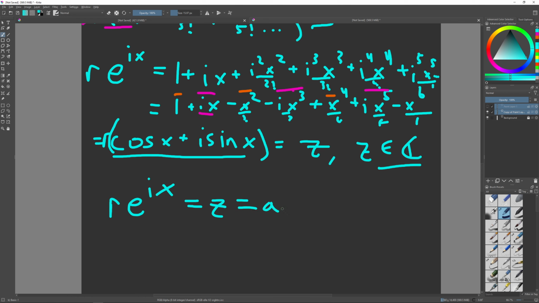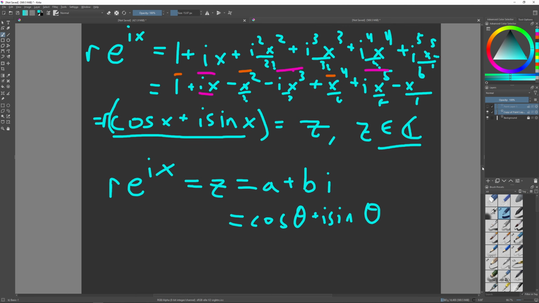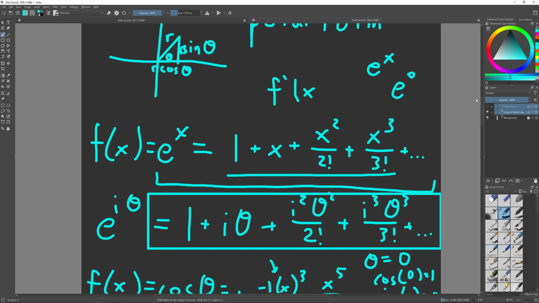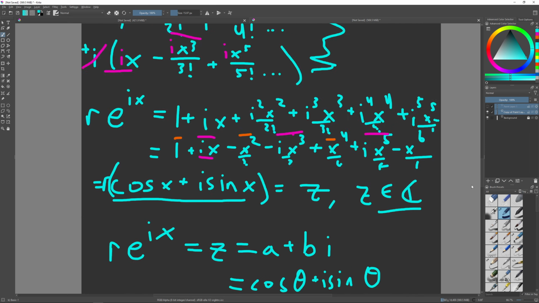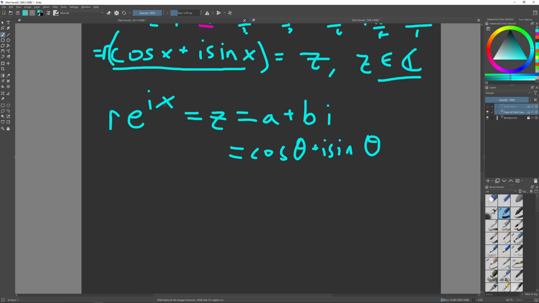So you can represent it as a plus bi, or you can represent it as some cosine theta plus I sine theta. So we're seeing there's all these different ways to represent a complex number. Okay, and we're not quite done yet because we haven't shown these equations to be correct. But what we do now is we plug in pi for x, see what happens.